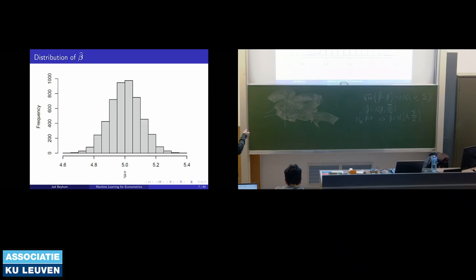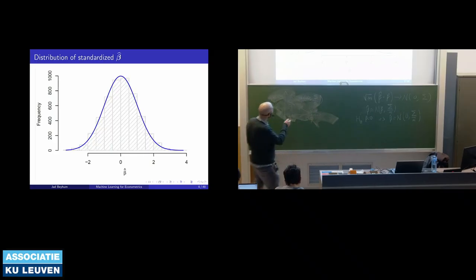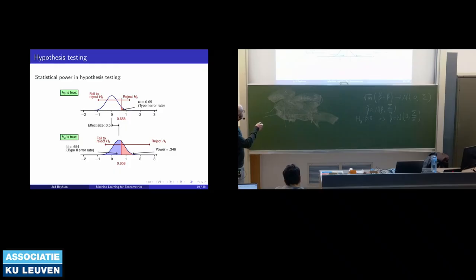So again, this is the distribution of beta hat. This is a distribution of standardized beta hat. What we call standardized is just beta hat divided by the variance. This is what you should expect. So if this is the distribution that you should expect of beta hat, and this is your beta hat, you see that you are on the side.